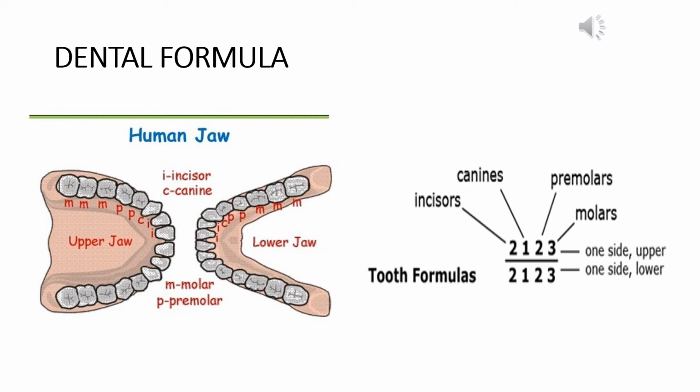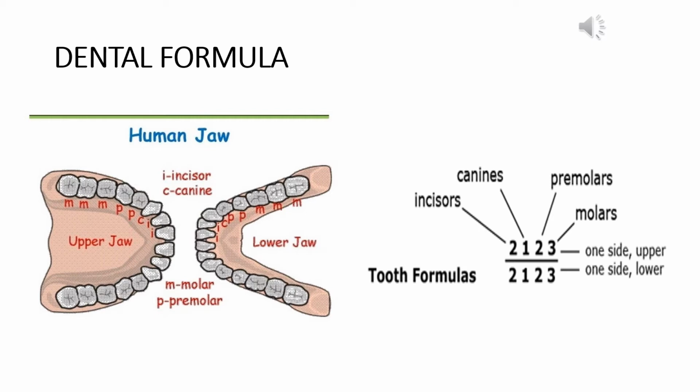The upper portion is representing one half of the upper jaw, and the lower portion is representing one half of the lower jaw. Now, to get the total number of teeth, we take the total of each upper half and lower half, multiply it by 2, and then add both the halves. So for the upper portion, the total is 2 plus 1 plus 2 plus 3, which is 8, and the lower portion is also 8.